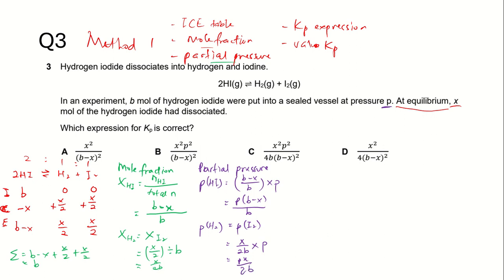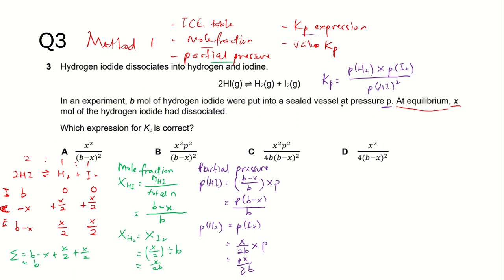Right, so we have found mole fraction and partial pressure. Now it's time to write the Kp expression. So the Kp expression for this equilibrium will be partial pressure of hydrogen multiplied by partial pressure of iodine divided by partial pressure of the reactant, which is hydrogen iodide here, squared.